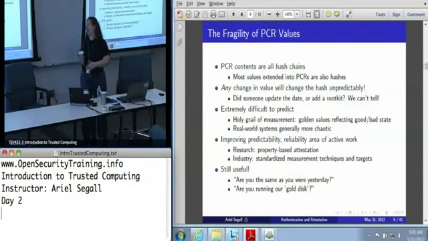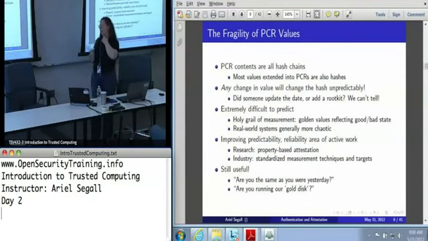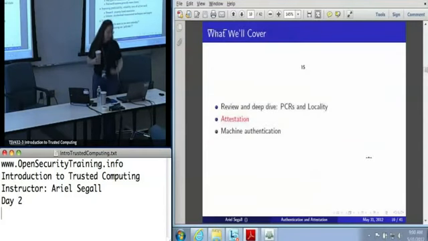Trying to do that in a consumer environment where maybe you're running Windows 7 and maybe you're running Windows 3.1, no, this is just not happening. So we're working on it. This is not a magic bullet.